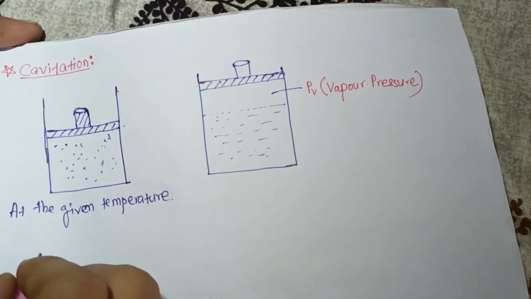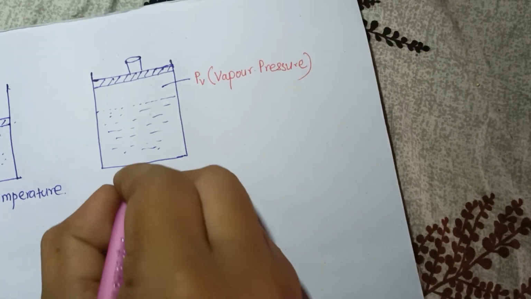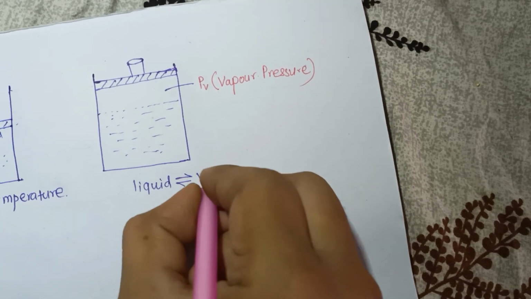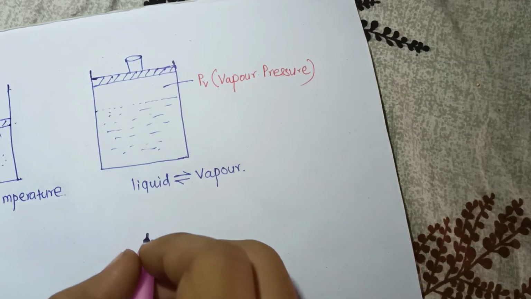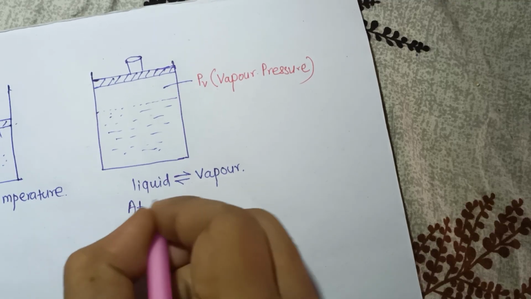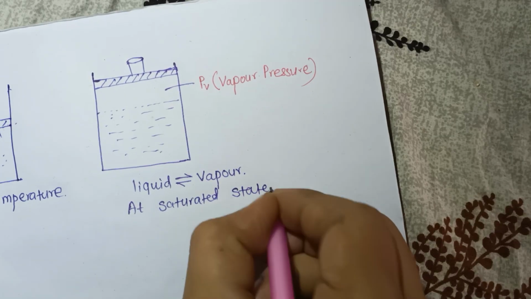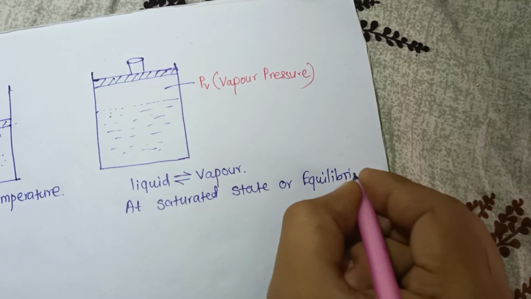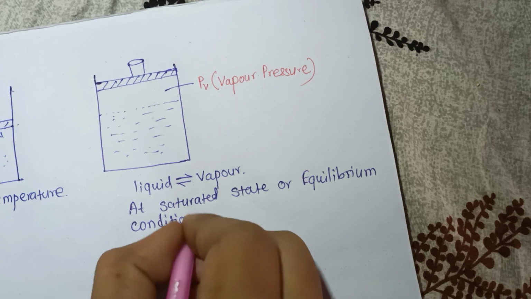So here what happens? The liquid is converted to vapor, at the saturation state or equilibrium condition.